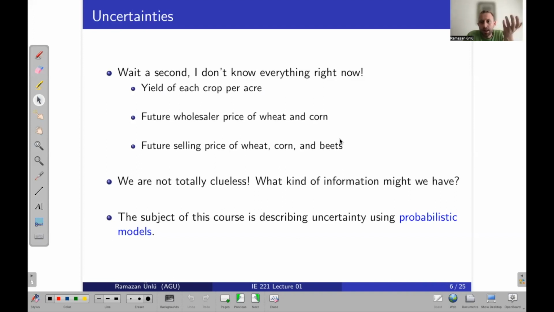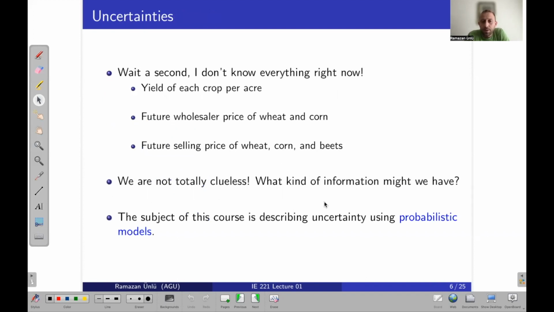And because of this, we have to create some probabilistic model by using some historical data. Okay, so that's why, as we mentioned before, we have to use some probabilistic model to deal with the uncertainties.